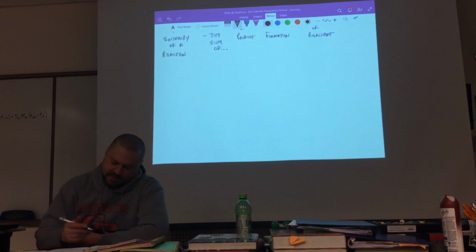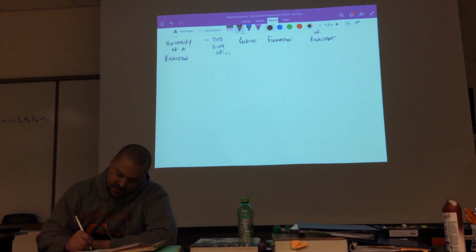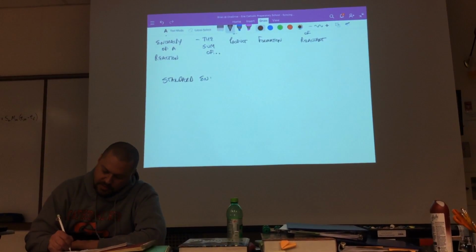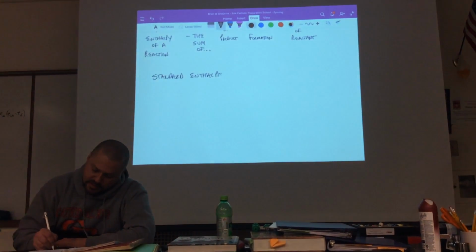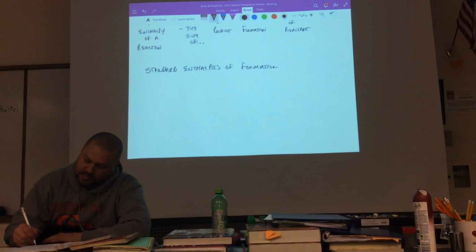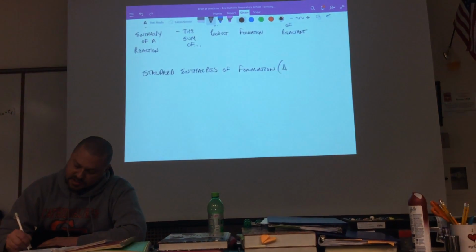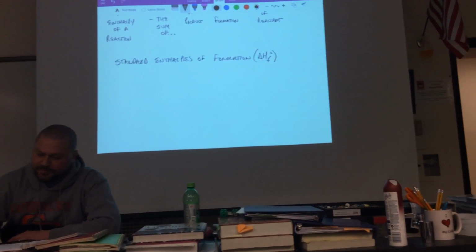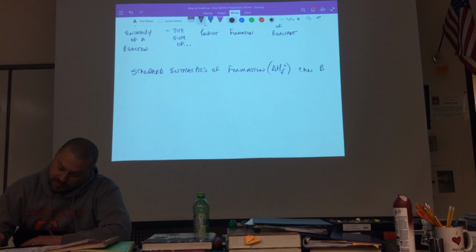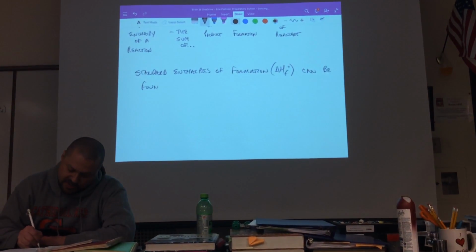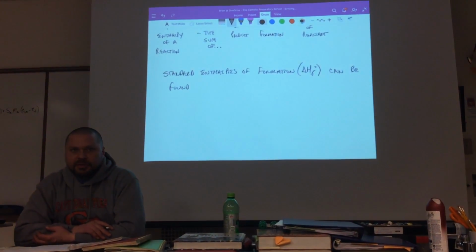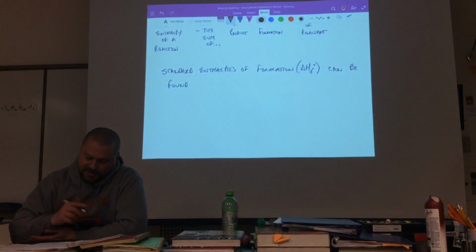All right, so now, standard enthalpies of formation, delta H, F with a degree symbol, can be found in the appendix. You could look these up online easily too. If you were doing your homework and didn't want to flip back in your book, you could just Google it and find it real fast.